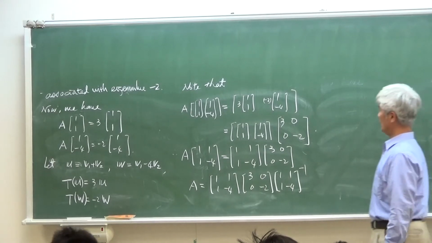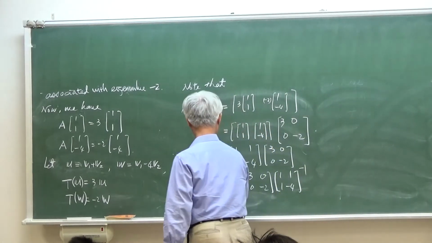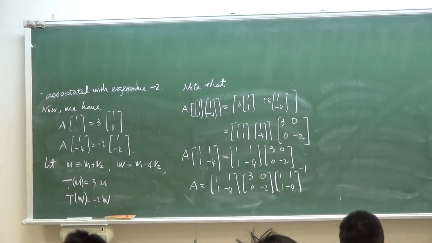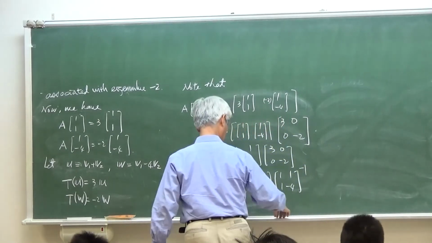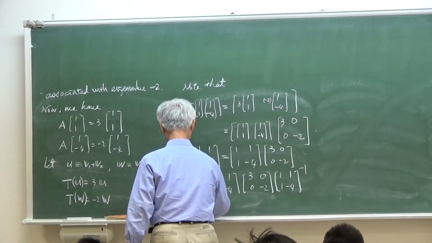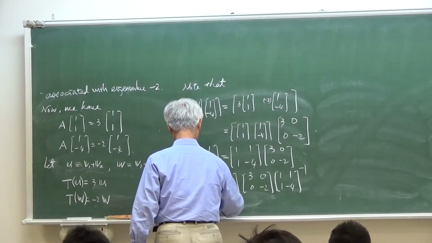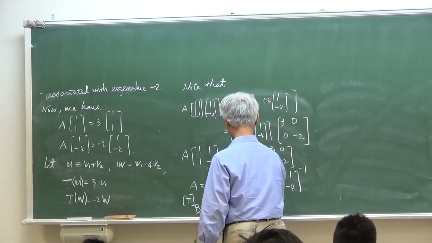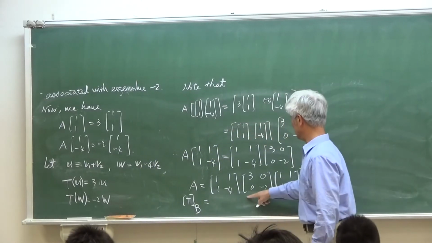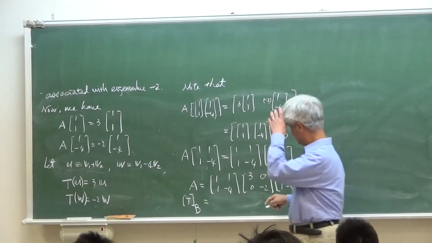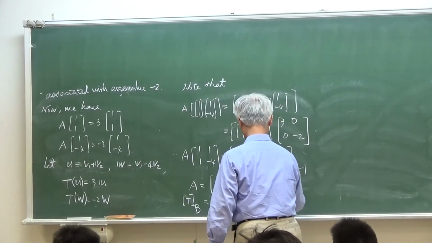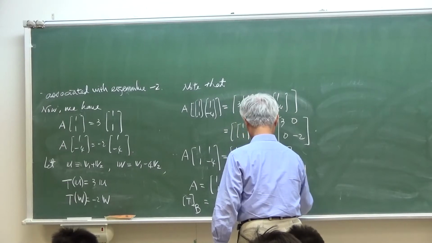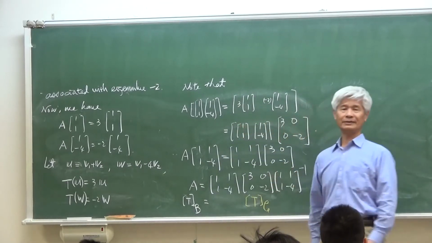Okay, so now from here we know A is the matrix representation of T, relative basis. And now we would like to have this one for a certain basis C, right?